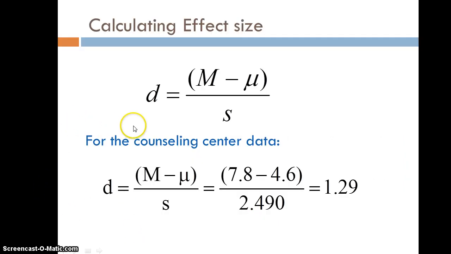So finally, let's talk about calculating the effect size. Remember, this is the effect size for a t-test, so we use the estimated standard deviation. It's basically the same as the effect size that we used for the z-test, but in the denominator, what we have instead of sigma is the estimated standard deviation.